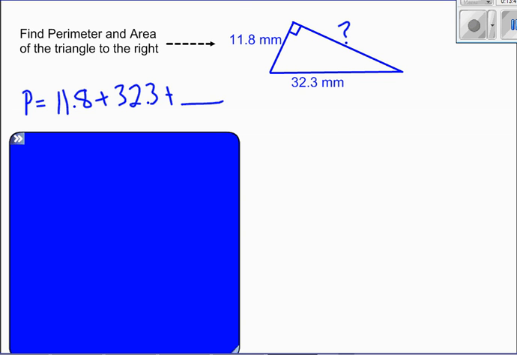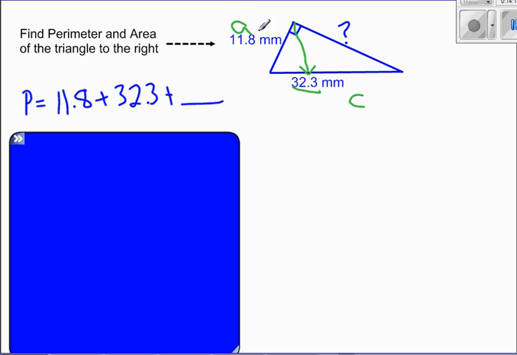Okay, so as I did in the other question, I started by looking at my triangle from a perimeter perspective, and I knew that I would have to do 11.8 plus 32.3 plus this missing side. So I've written perimeter with that missing side, and then to figure out what that missing side is, I'm going to have to use the Pythagorean theorem. Now in this case, keep in mind that I know what C is because I have the hypotenuse of 32.3.